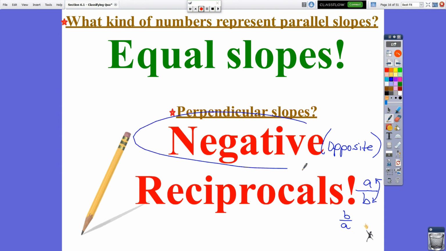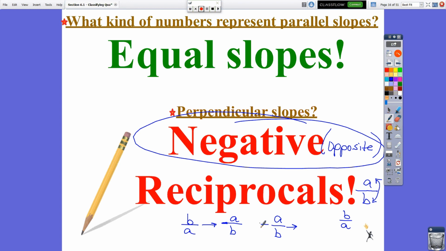Now, what I mean by negative or opposite is that if, let's say, one slope was b over a, then the negative reciprocal is, well, this fraction altogether is positive, so I would want to make the perpendicular slope negative, and then I need to flip the fraction, which I almost forgot to do there, so it'd be negative a over b.